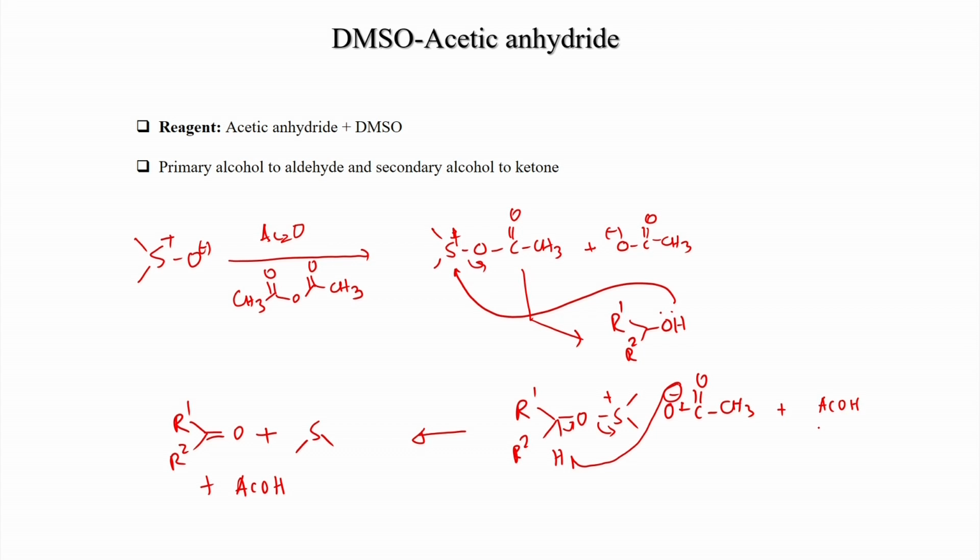So, this is the overall reaction, that acetic anhydride DMSO is also a good oxidizing reagent, and under this condition sulfoxide reacts with acetic anhydride to get this species, and now the alcohol can react. This is activated enough, so the alcohol will react and generate this sulfonium salt, which on deprotonation by the acetate anion will generate the carbonyl compound and dimethyl sulfide, and acetic acid will be generated also.